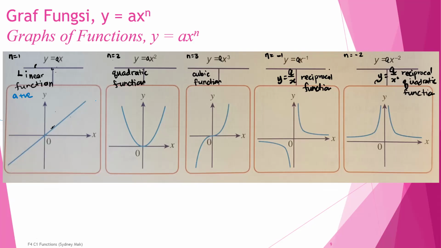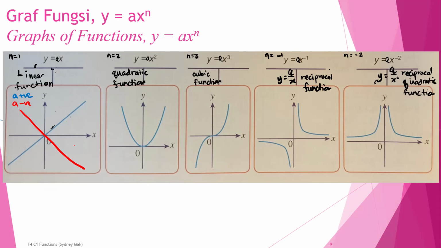When your a is positive, you have this kind of graph, straight line graph. When your a is negative, the graph will be going downhill. When it is positive, it's going uphill. Then this one will go downhill.